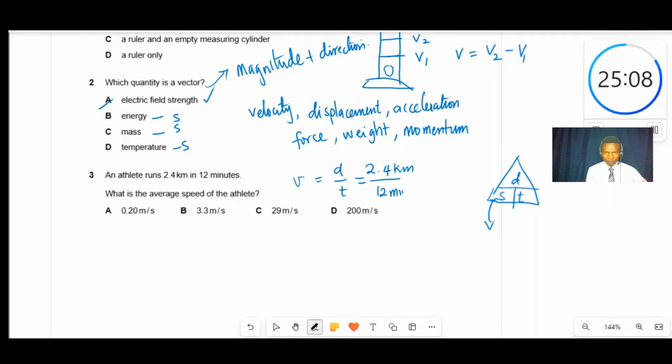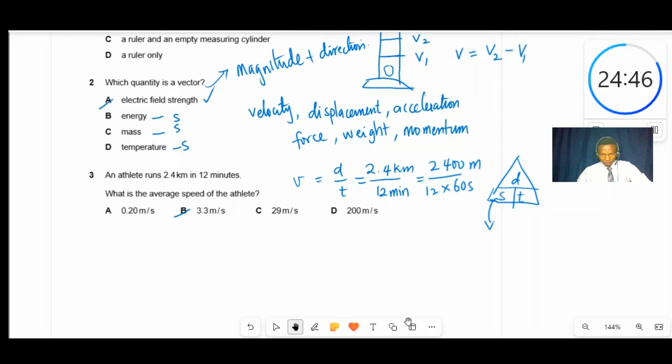Convert both of them to SI units. This is 2,400 meters, and this one is 12 times 60 seconds, because 60 seconds make 1 minute. If you divide that, it gives you 3.3 meters per second.